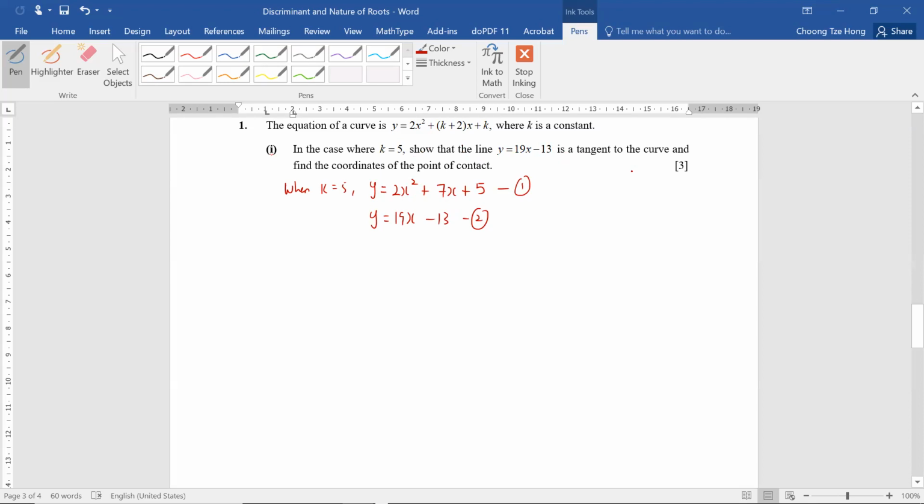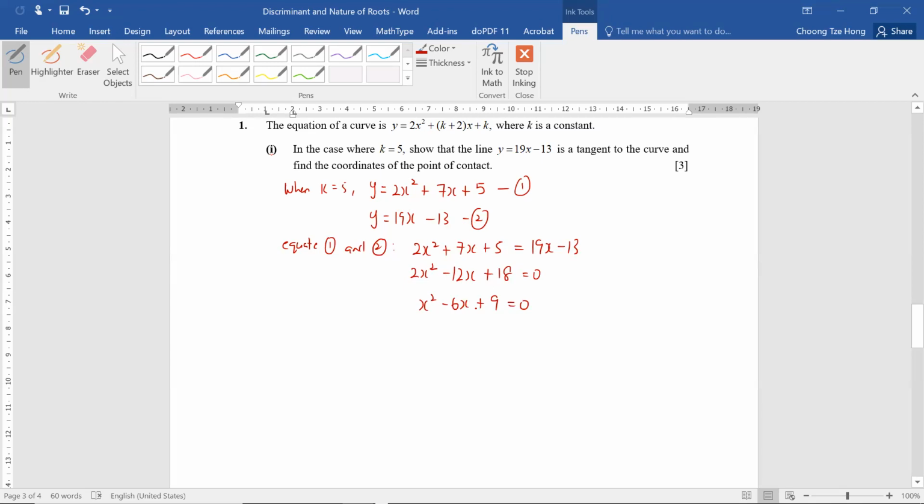In other words, if we equate the line and curve and try to solve it, like what we did just now: 2x squared plus 7x plus 5 equals 19x minus 13. Bringing over the 19x, we get 2x squared minus 12x plus 18 equals 0. Let's simplify this first.